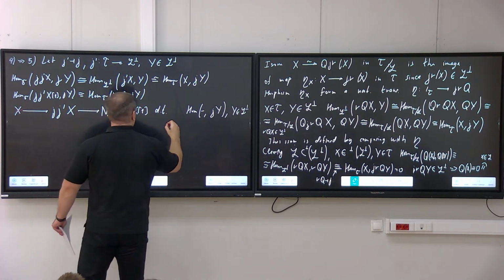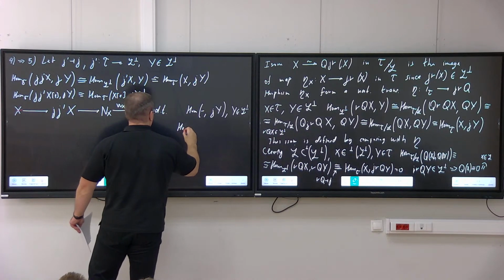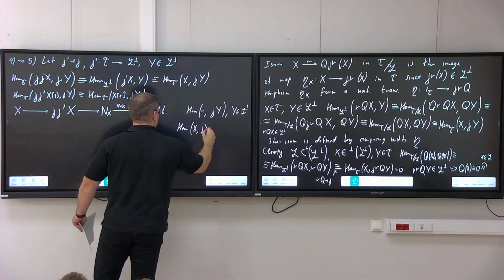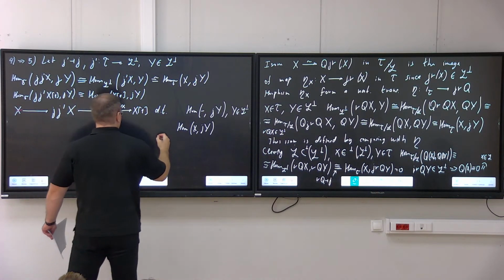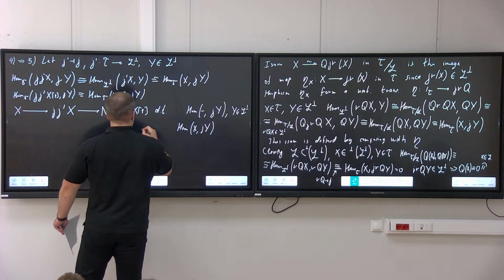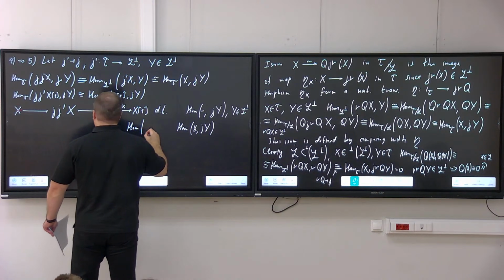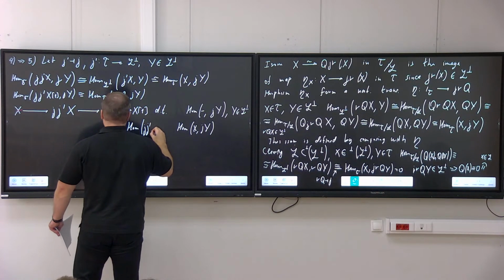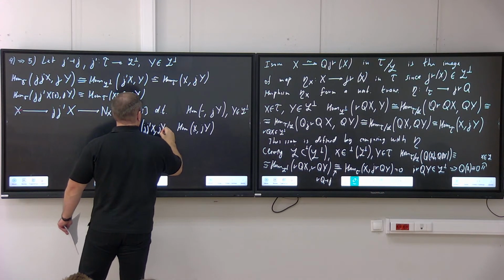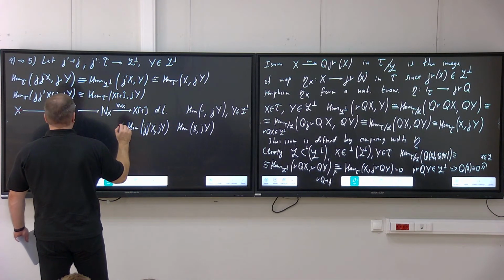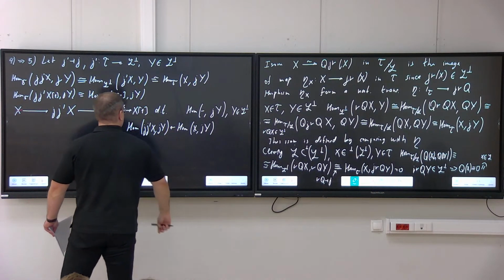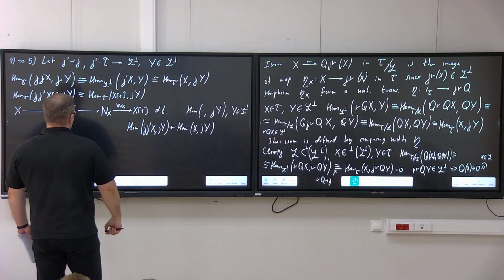There will be Hom from the X to the J of Y, right? So then there will be Hom from the J prime X to the J of Y, right? So if I have a map to the composition is in this direction, right? No, wait.